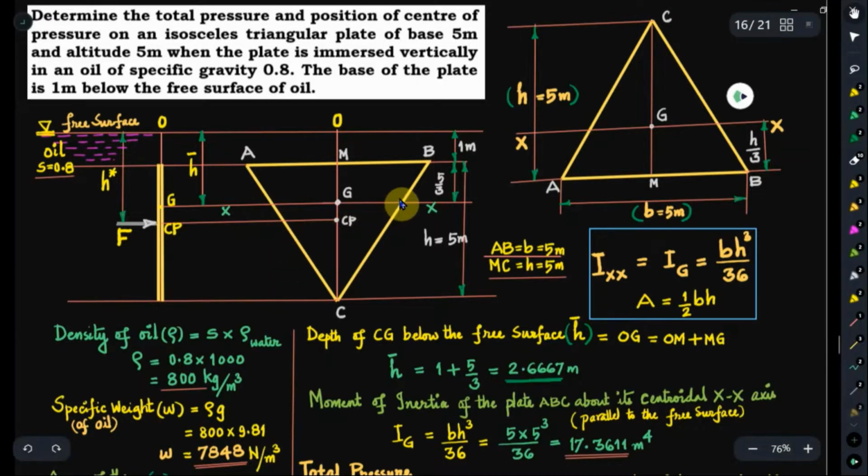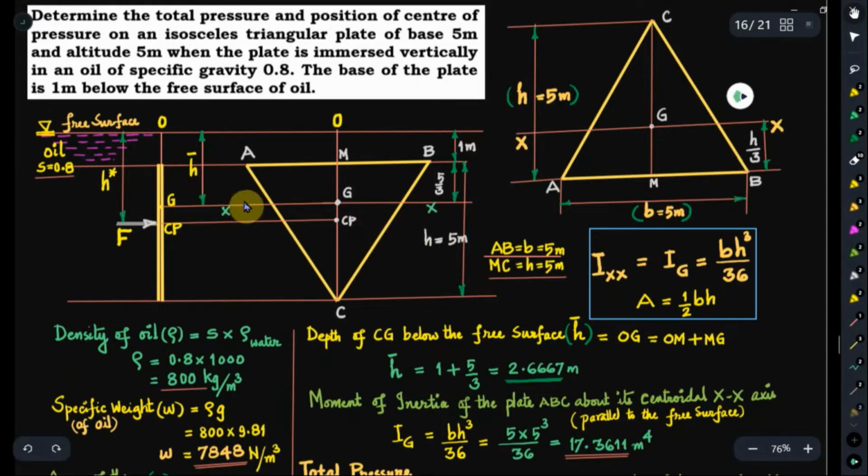See, its centroid is located on the symmetrical axis here, that is the altitude, at a distance of 1/3 of the altitude from the base, that is MG, that is h by 3. So this MG is h by 3, and on that level we have represented our reference centroidal axis XX.